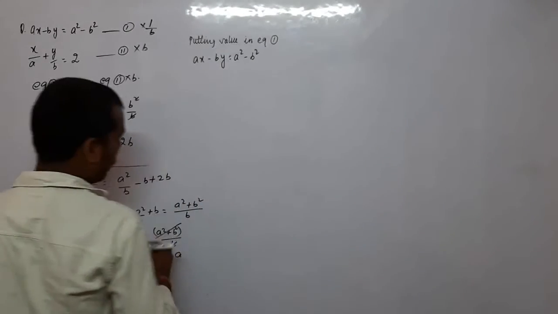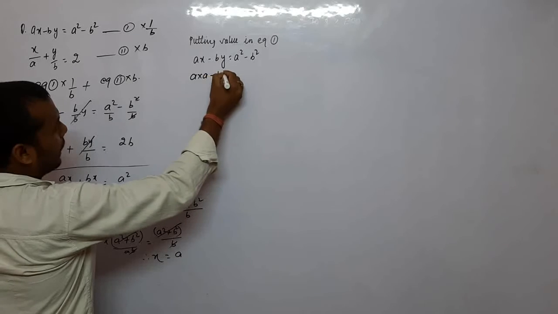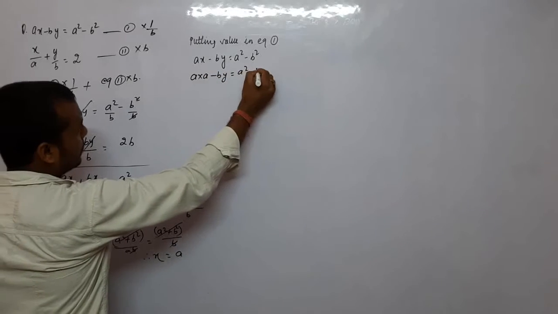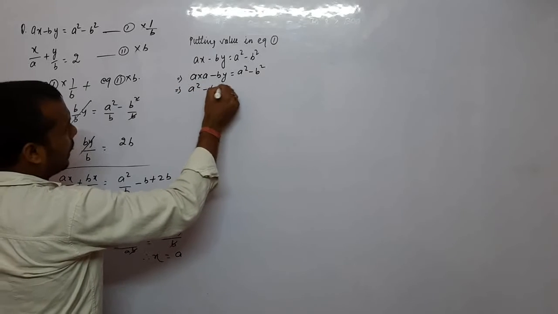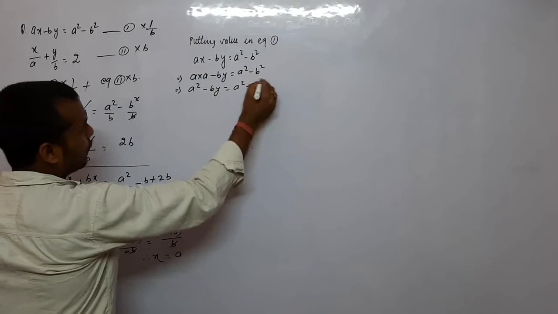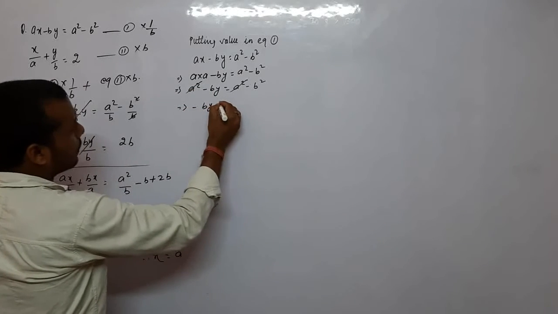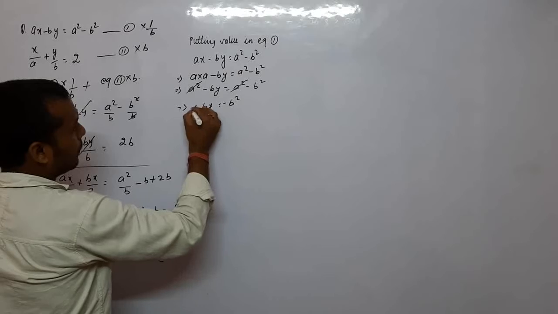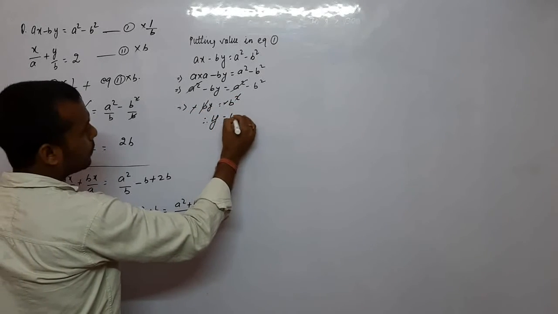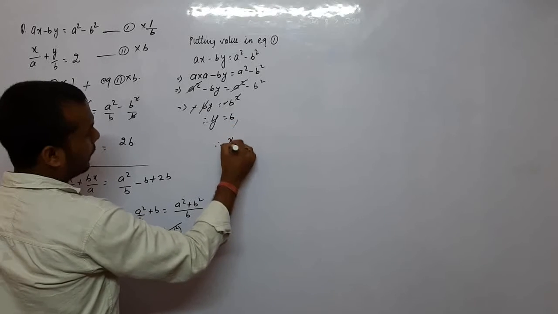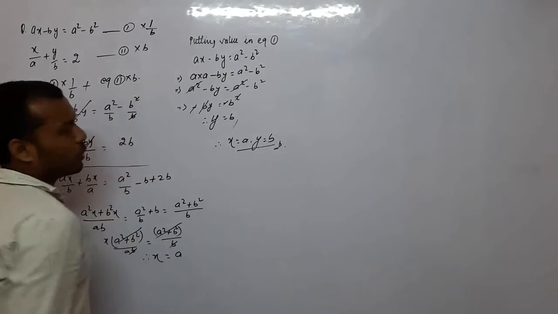Substituting, we have a into a minus by equal to a square minus b square. It will result in a square minus by equal to a square minus b square. A square cancels out, so minus by equal to minus b square. Minus minus cancel, b square by b, so y equal to b. Finally we have obtained x equal to a and y equal to b. This is your solution, student.